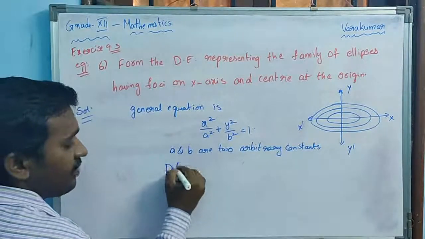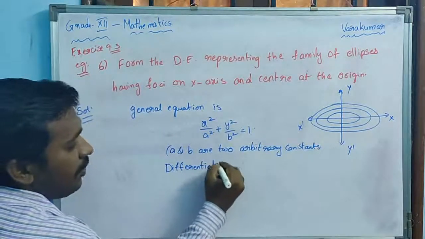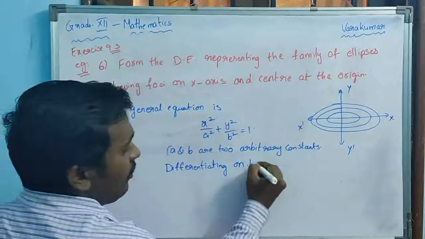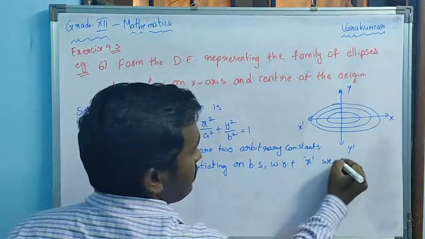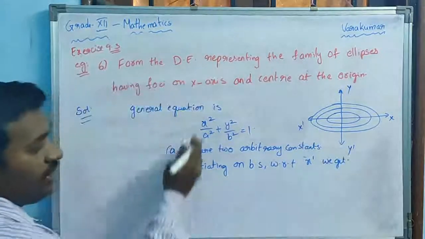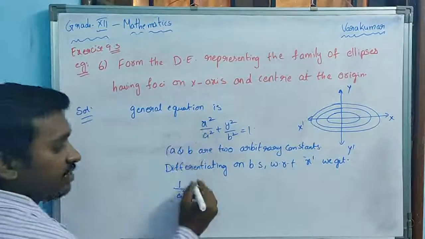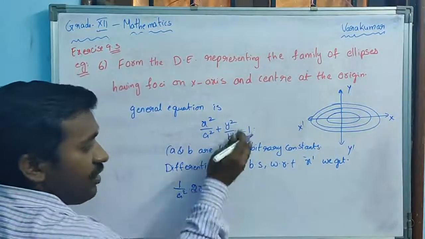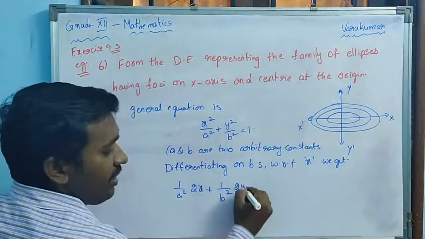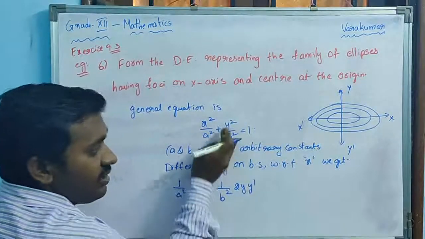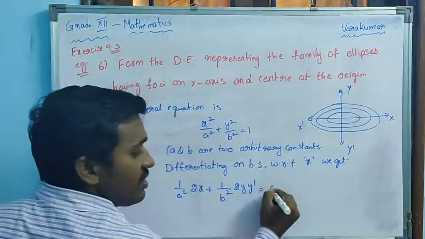Differentiating on both sides with respect to x we get: for x square by a square, 1 by a square is a constant, so it is 2x, plus 1 by b square as usual, and for y square it is 2y y dash, equal to 0.